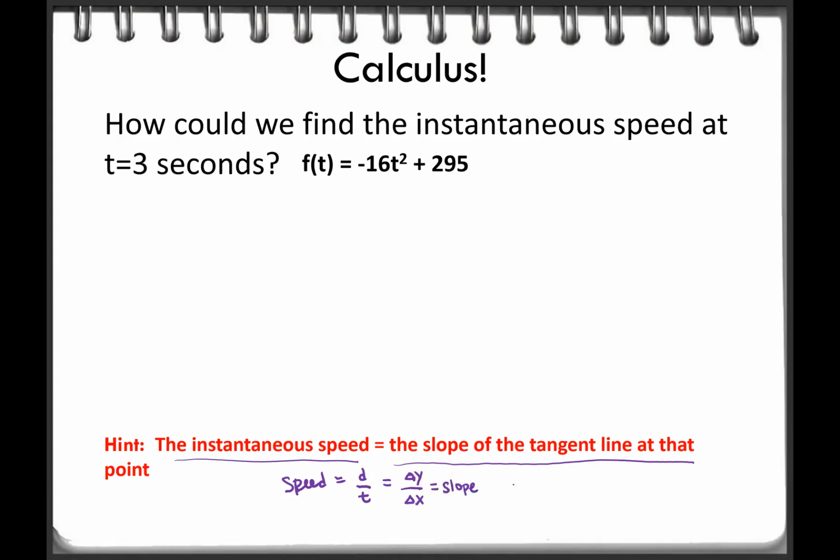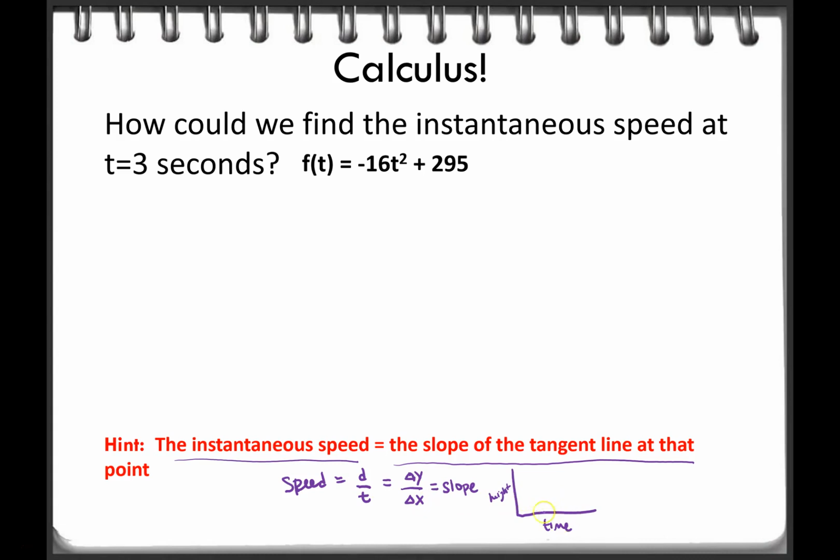And if you don't believe me, if we're talking about a graph, we usually have our time on the x-axis and we have the distance, or sometimes the height, on the y. That's why our slope ends up giving us our speed.